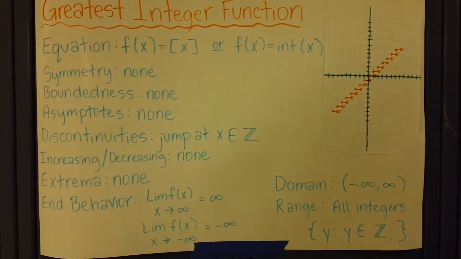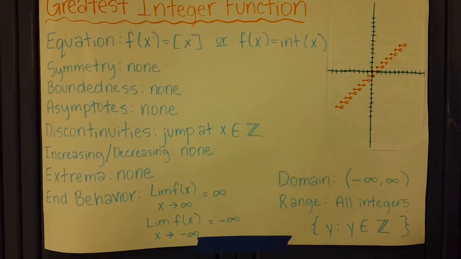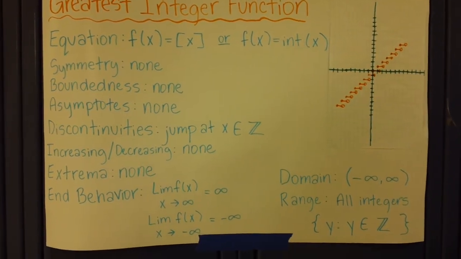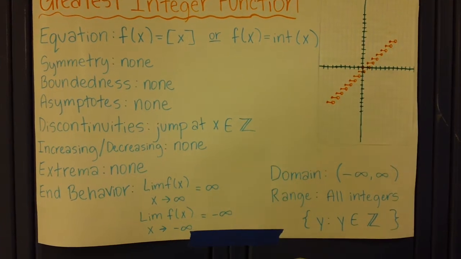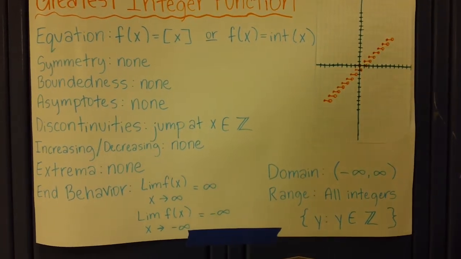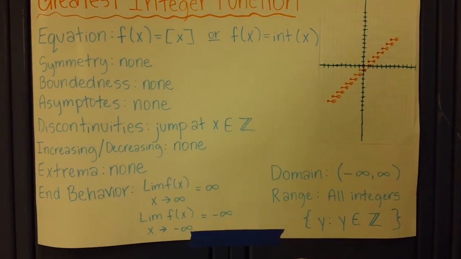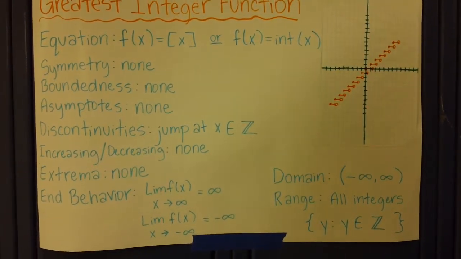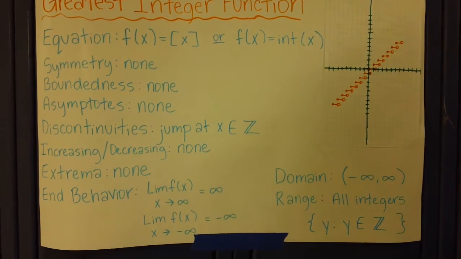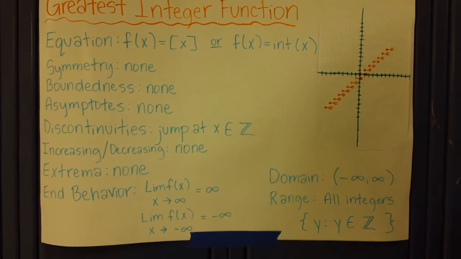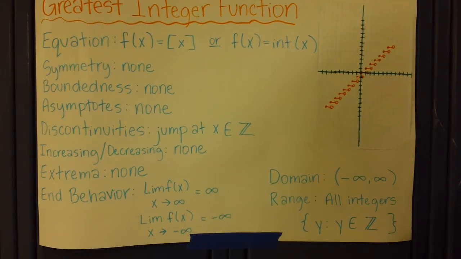And because it jumps, we said it doesn't increase or decrease. And there's no extrema. And the end behavior is limit f of x equals infinity as x approaches infinity, and limit f of x equals negative infinity when x approaches negative infinity.